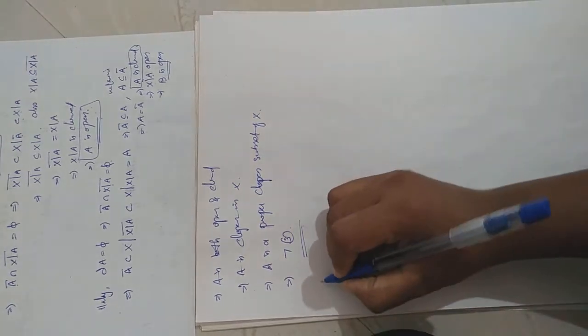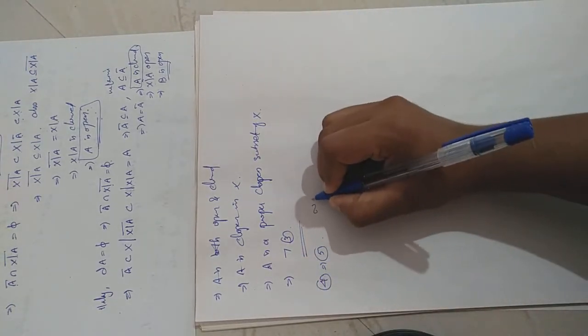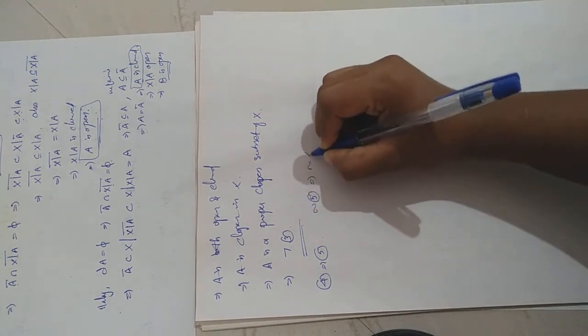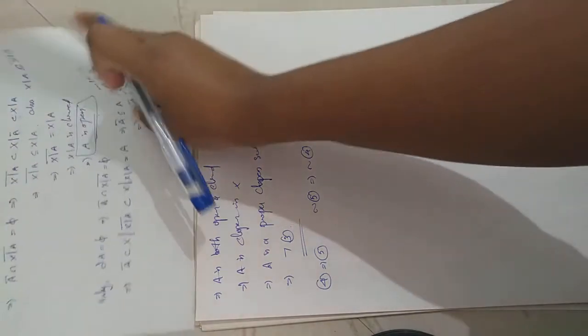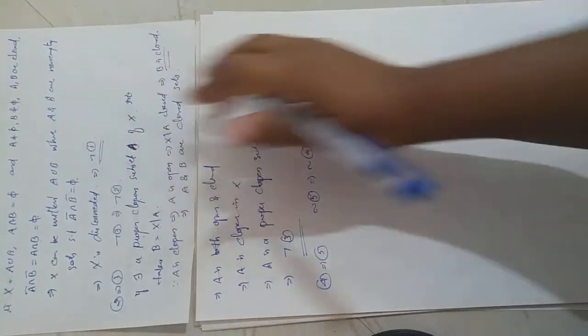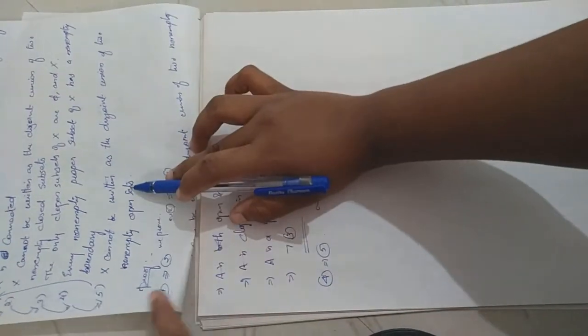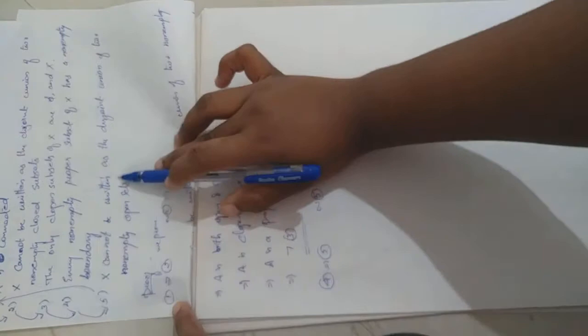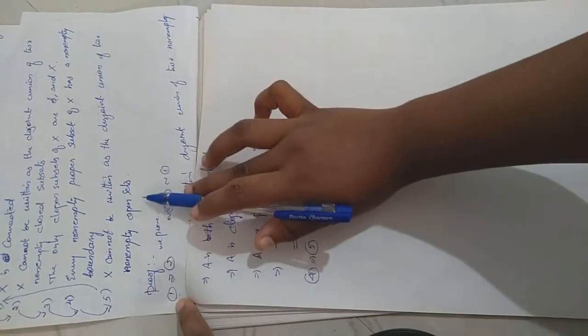Now we will prove 4 implies phi. So we will prove negation phi implies negation 4. So what is negation phi? For that we need to know what is the fifth statement. The fifth statement says that X cannot be written as the disjoint union of two non-empty open sets.